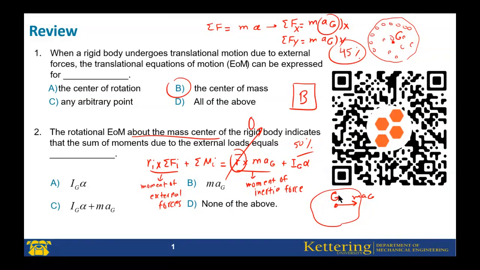This term is 0. The left-hand side is the summation of the external moments, equal to I_G alpha. A is the correct answer. Got it? Any questions? Okay. No questions?